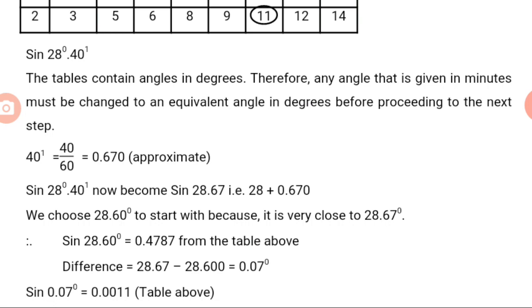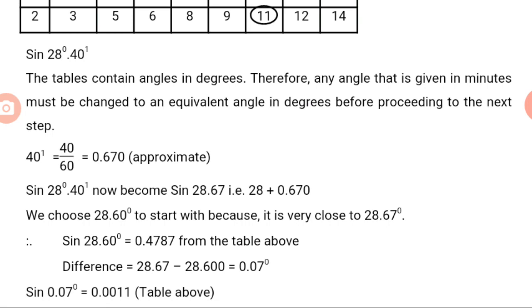Now 40 minutes will be equal to 40 over 60. Is that clear? 40 over 60 will give us approximately 0.67.